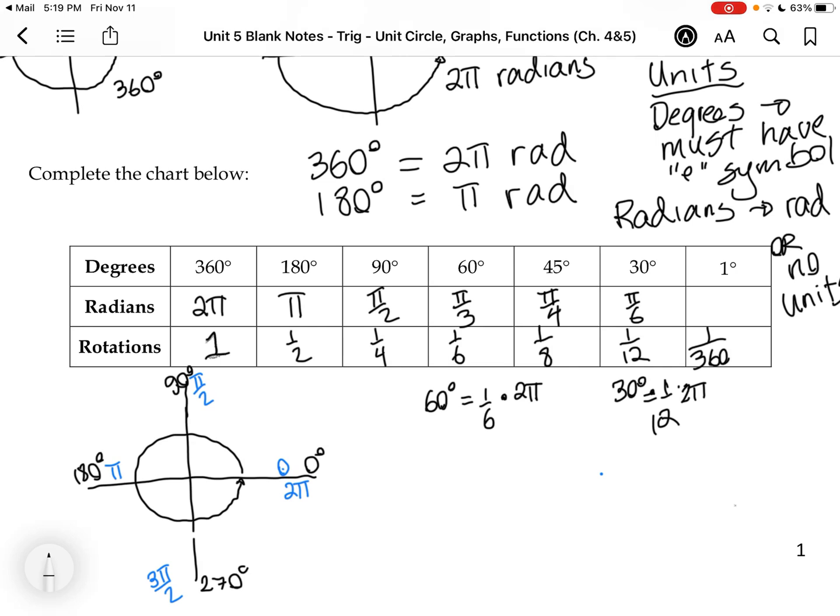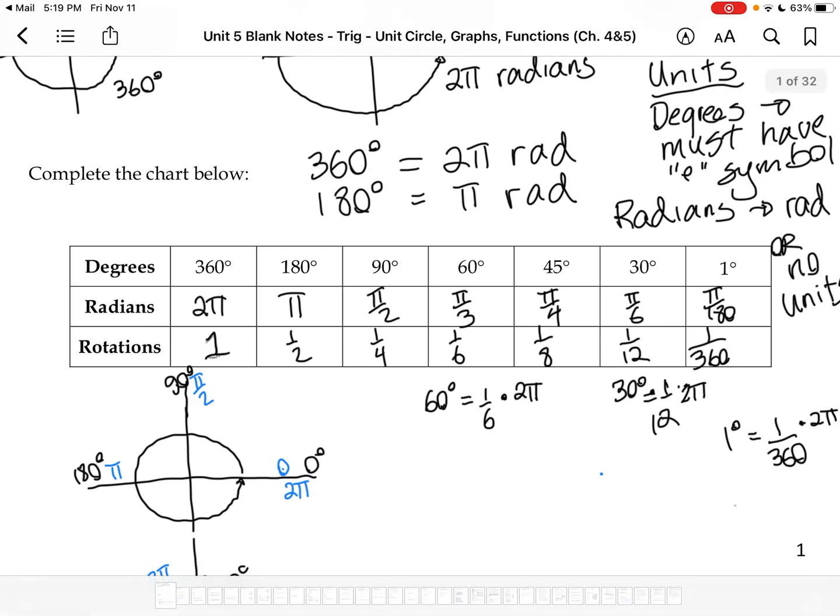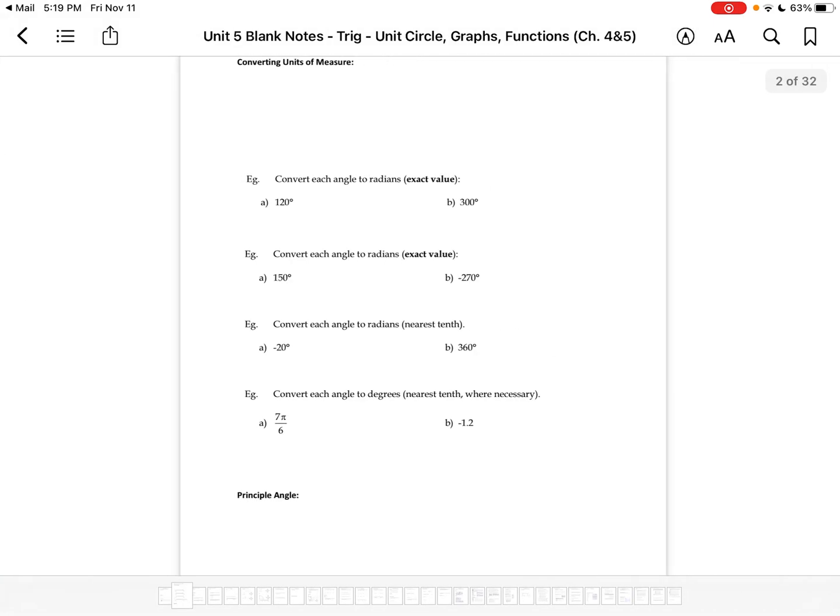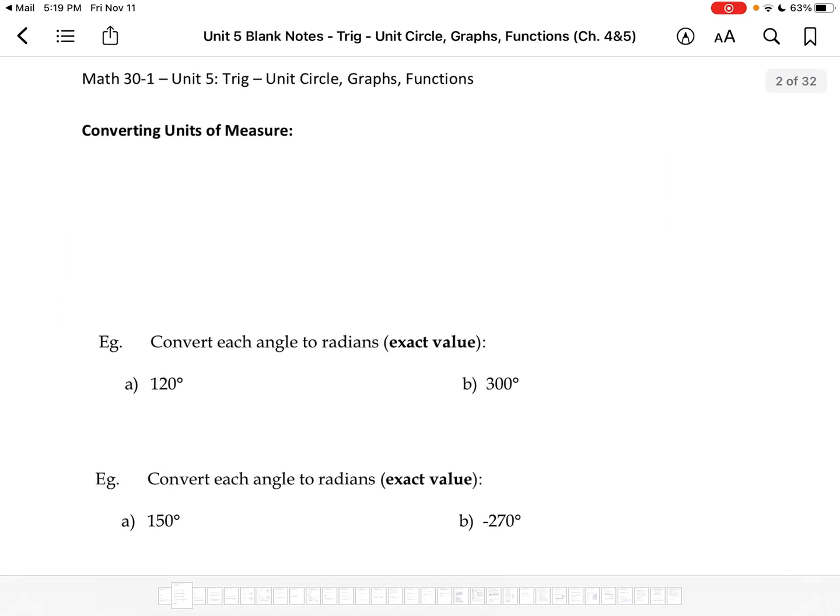And then 1 degree is 1 over 360 rotations. 1 rotation is 2 pi, so that's pi over 180 radians. Okay, so these are just some of the common angles, but we're going to talk about how to convert all angles right now.